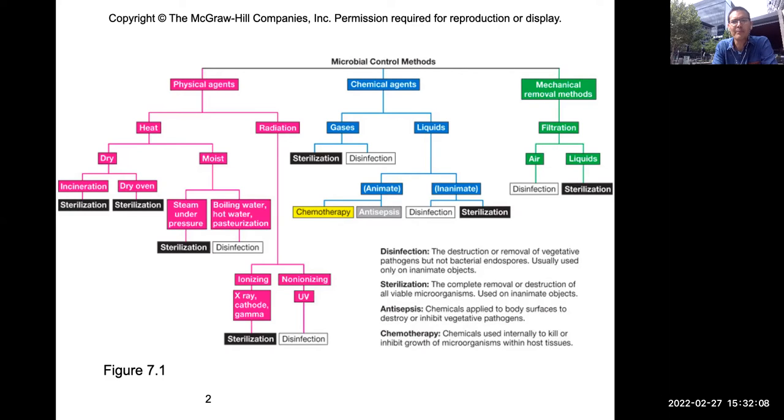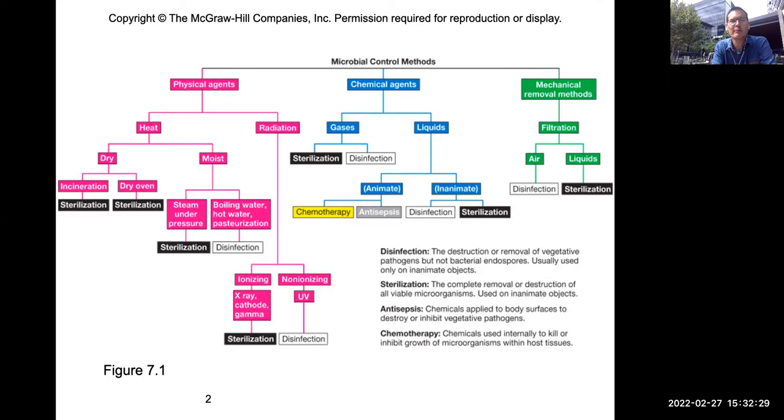Now, chemotherapy is all about chemicals that are applied internally to kill, which are bactericidal, or inhibit, which are bacteriostatic, growth of microorganisms, bacteria within the host.